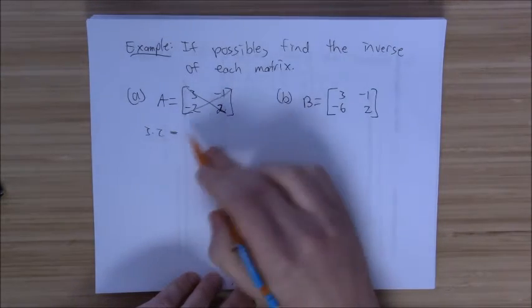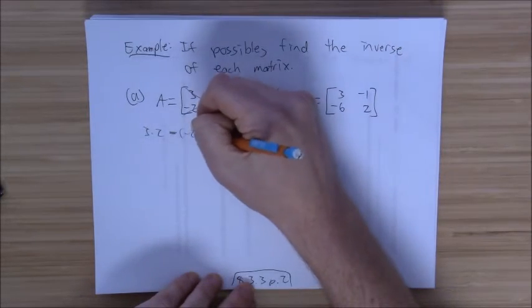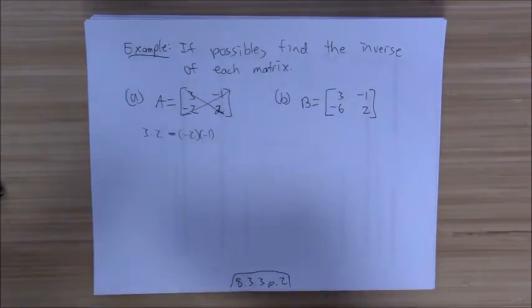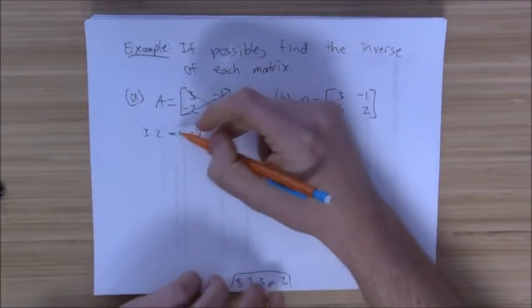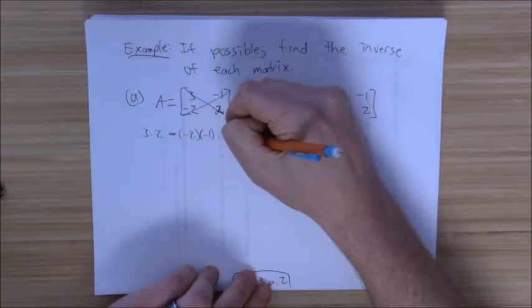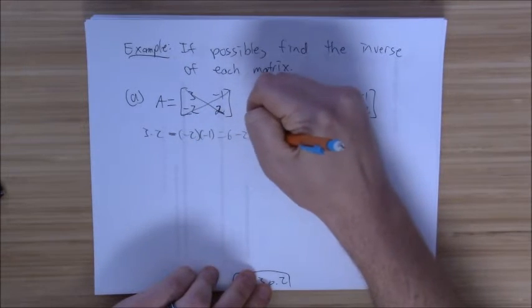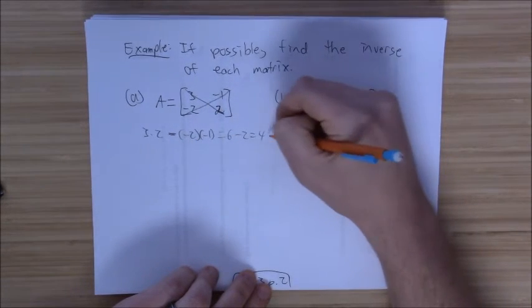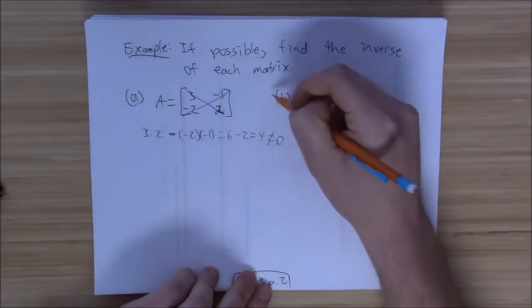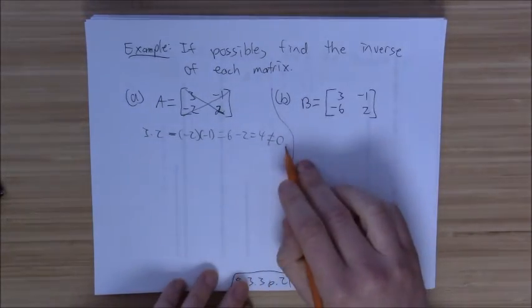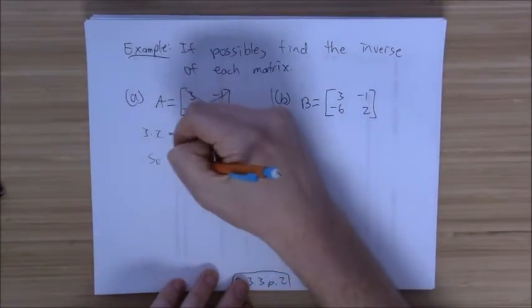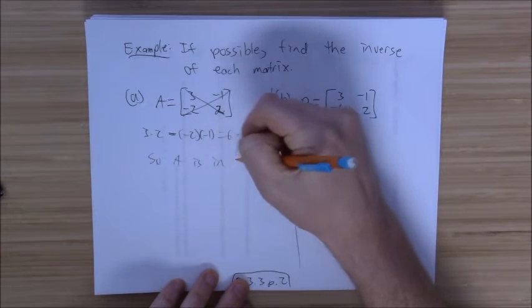So we get 3 times 2 minus negative 2 and negative 1. That's going to be 6 minus 2, which is positive 4, which is not 0. All right, so A is invertible.